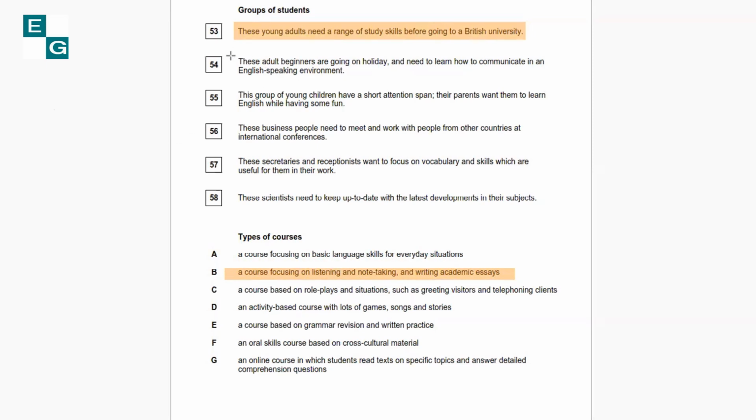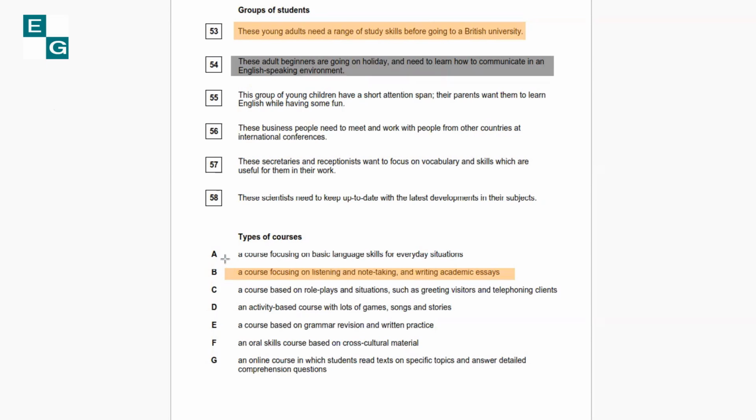Then it says, these adult beginners are going on holiday and need to learn how to communicate in an English-speaking environment. So think about this.